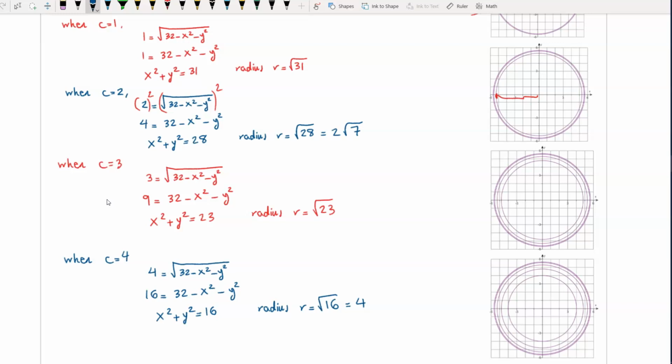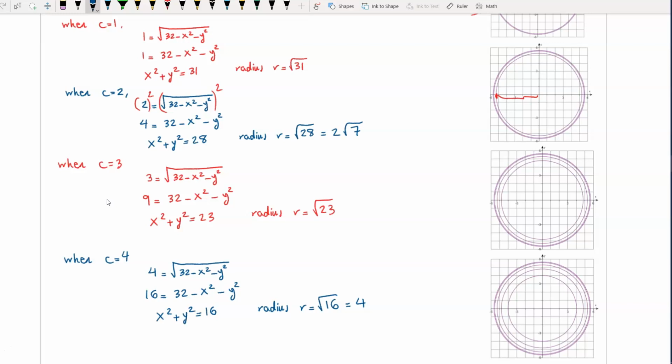And then for c equal to 4, here we have 4 equal to square root of 32 minus x squared minus y squared. So it is 16 equal to 32 minus x squared minus y squared. Simplify. It is x squared plus y squared equal to 16. So here again, we have circles centered at origin, and radius is equal to square root of 16, which is equal to 4.